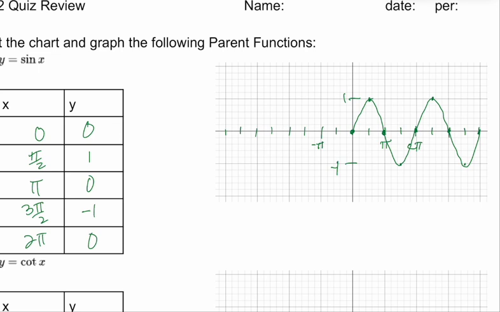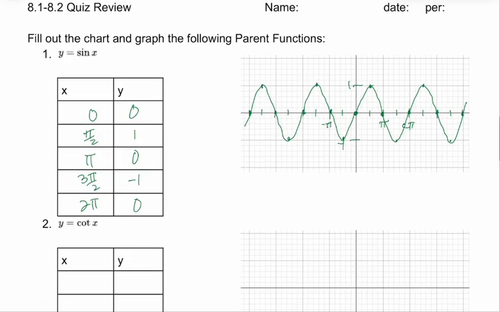You might have counted a little differently than I did, so I have no way of knowing if your graph is correct unless you label stuff. So please fill up your graph paper. So that is how you graph a sine function.